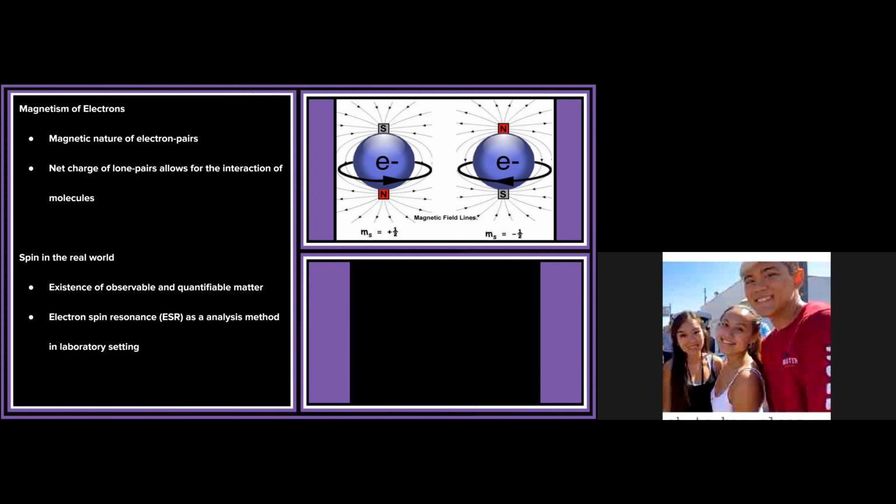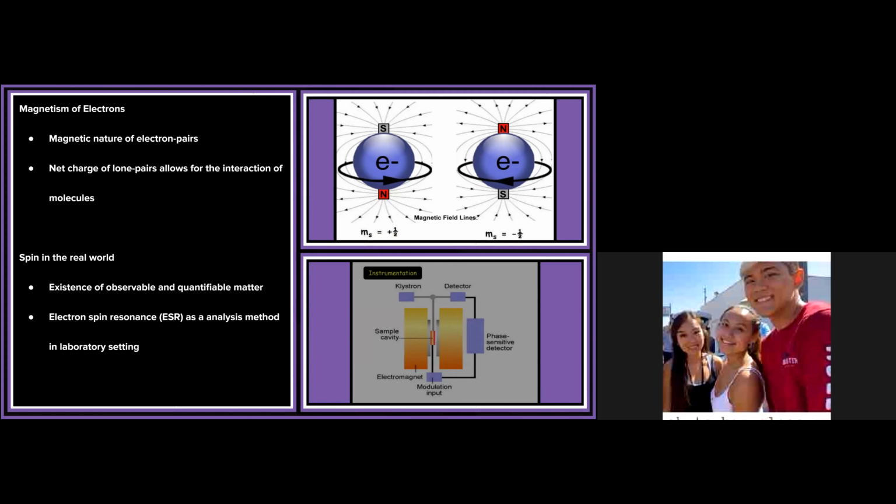Due to this, should the electron pairs not be paramagnetic and instead be diamagnetic, then we would notice a much more odd and observable form of matter in various states and various fashions that we may not have ever even properly considered. But as is nature, that is not the case. Lone pairs have a net charge, which in turn allows for molecules to form. Furthermore, down the line, solids, liquids, gases, all these components of matter exist.